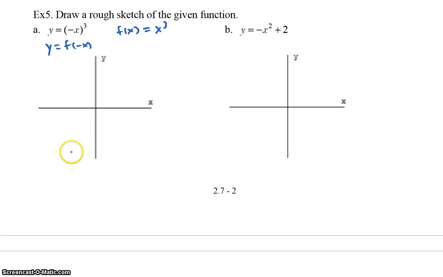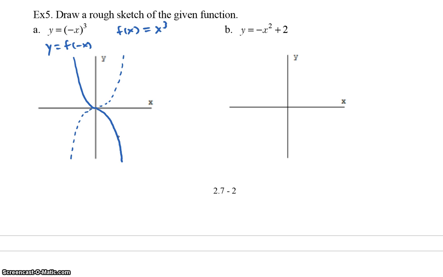Now the cubing function, just to give you a general idea, is a rather steep curve that sort of flattens out a bit as it goes through the origin, and then it continues increasing on its way. If we reflect this across the y-axis, what we're going to see is something that looks like this, a decreasing function. Same shape, but now it's decreasing rather than increasing.